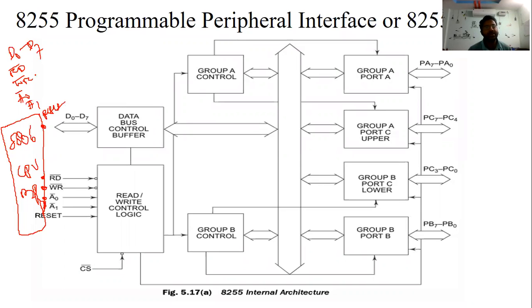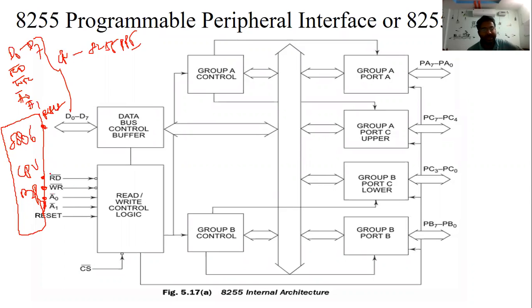These are the pins connected from the CPU to the 8255 PPI. So from the CPU side, this device is connected by the pins D0 to D7, RD bar, WR bar, A0, A1, and reset pins.